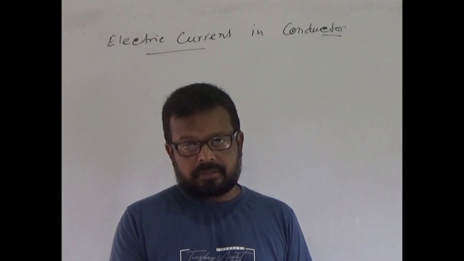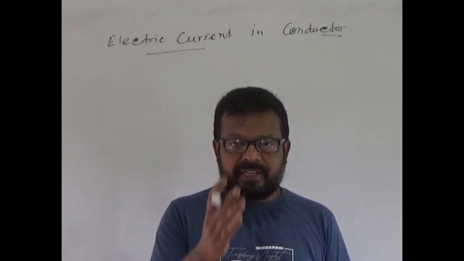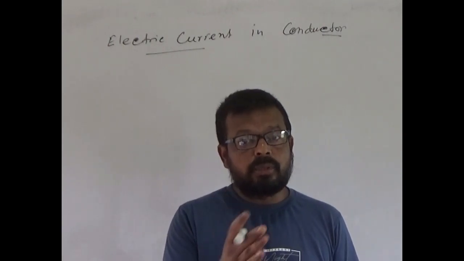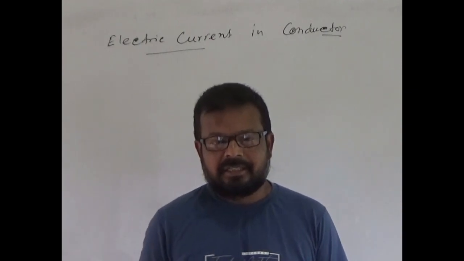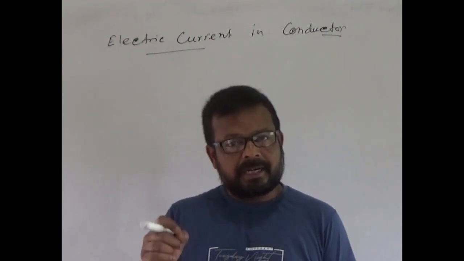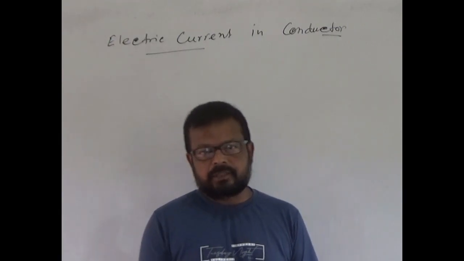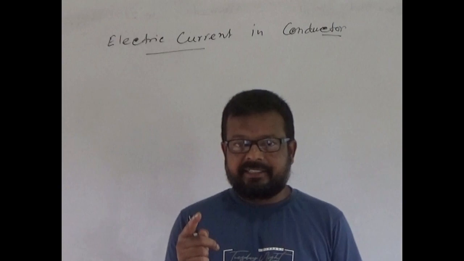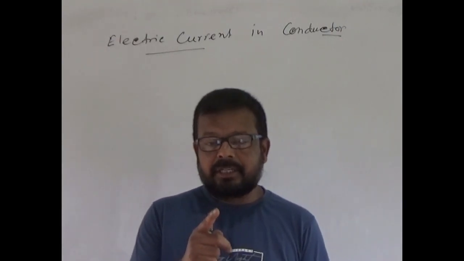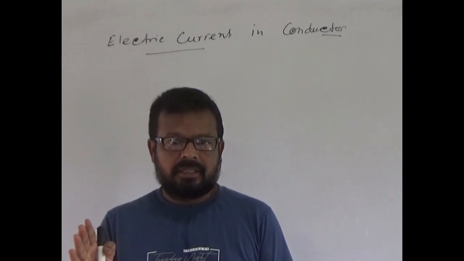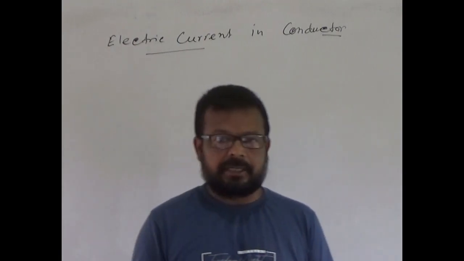The loosely bound electrons which leave the atom, and when a free electron leaves the atom, that atom gets positively charged, and that is called a positive ion. But they are fixed in position. Rather, we can say they are vibrating in a particular position. These positive ions cannot move from one point to another. They are fixed in the metal.